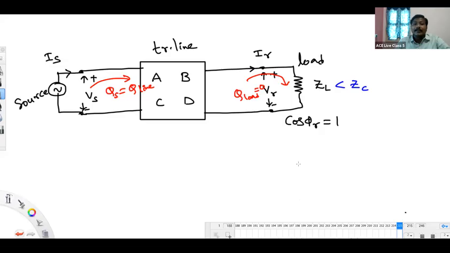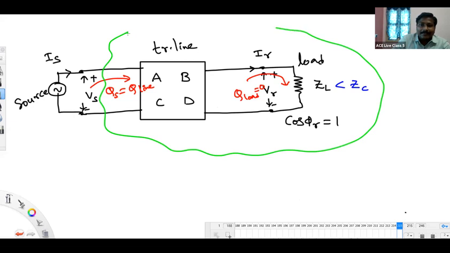What is the load on the source here? It is a combination of line and load, meaning the cascade connection of this line and ZL. This whole we are going to call the effective load on the source.